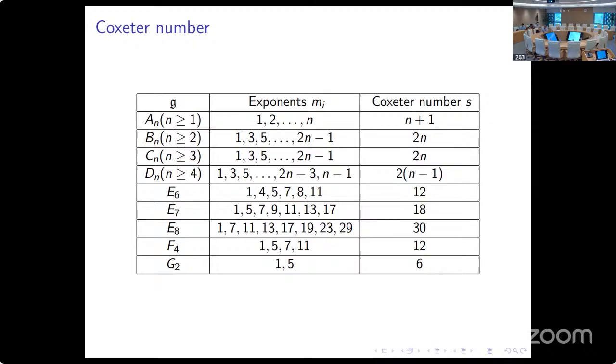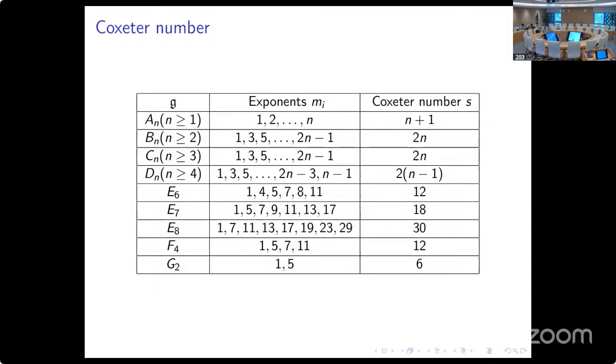You see, this number is interesting. It's always even, except for the first case, SL(2n+1), where if n is even, that is an odd integer. So all the other cases are even. So we will use this to divide by 2.